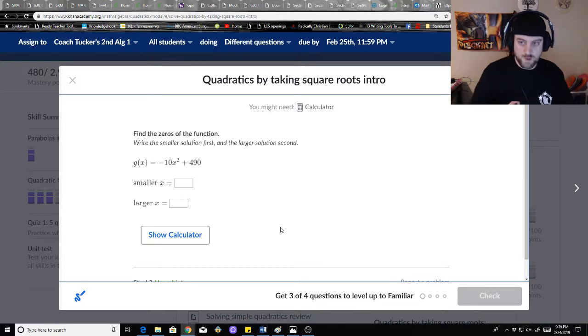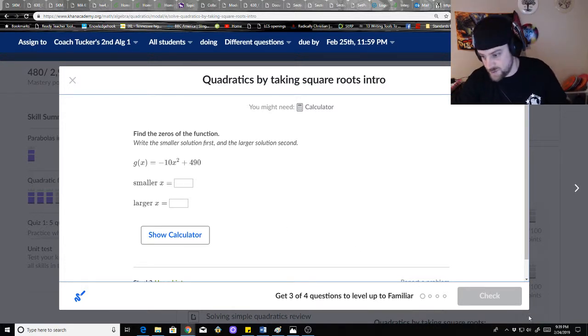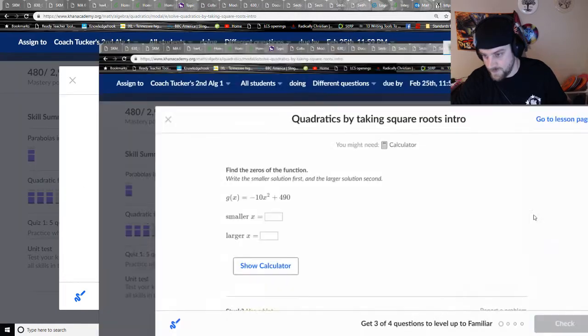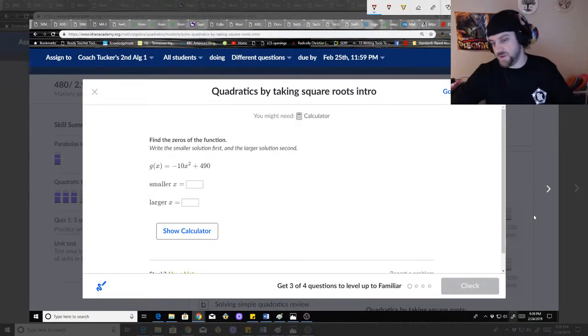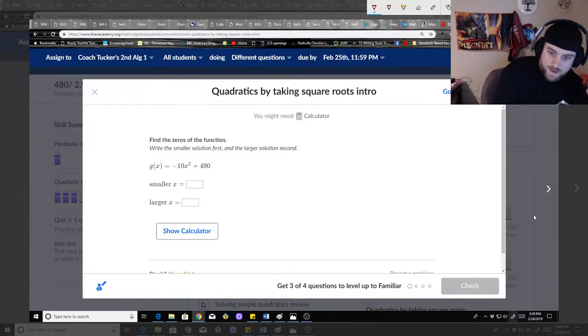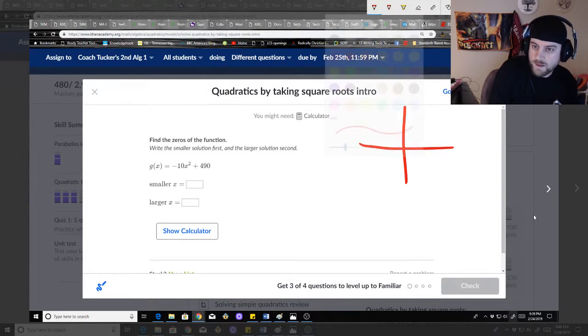Let's bring up the sketch pad here. If you're looking at a coordinate plane, and you're looking at a graph that goes across it like that, where the graph crosses the x-axis, those are called x-intercepts.